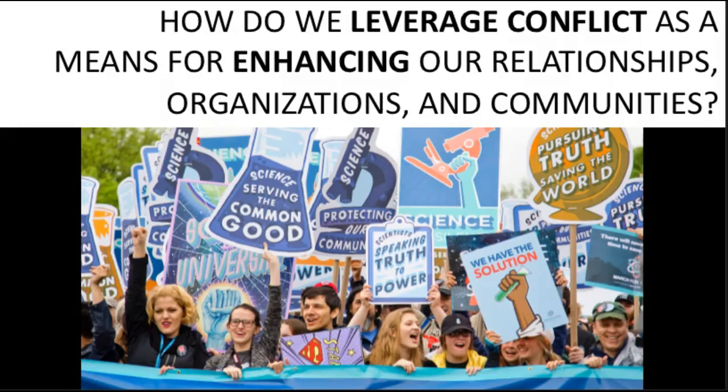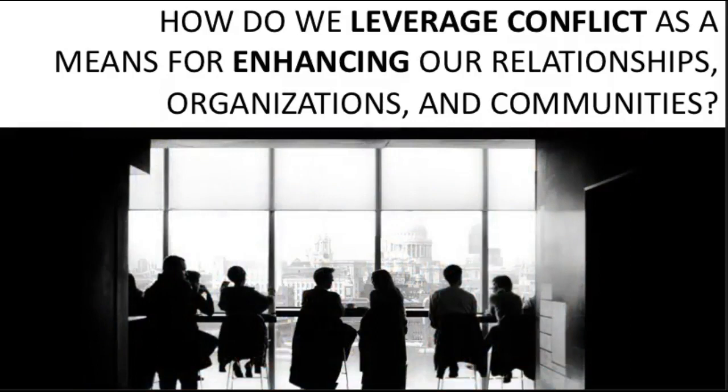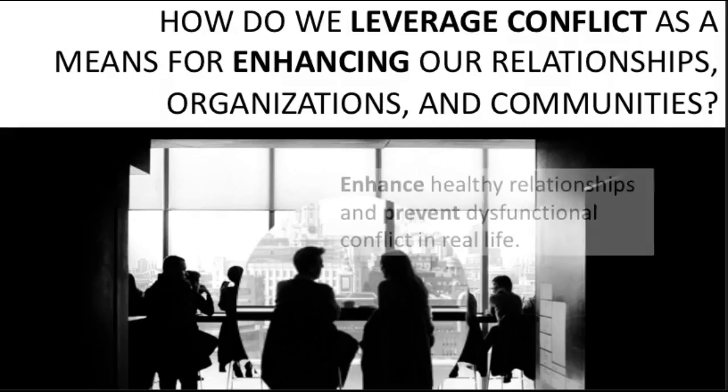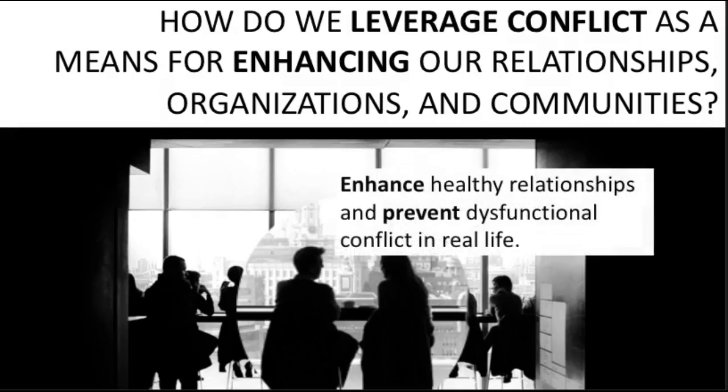This is something we're going to look at, but we're going to spend most of our time on this: interpersonal relationships. That is, day-to-day interactions with individual people. We're going to be considering how we can engage with others in our everyday lives in ways that will actually enhance healthy relationships and prevent dysfunctional conflict in real life, and maybe even maximize the potential of functional conflict.